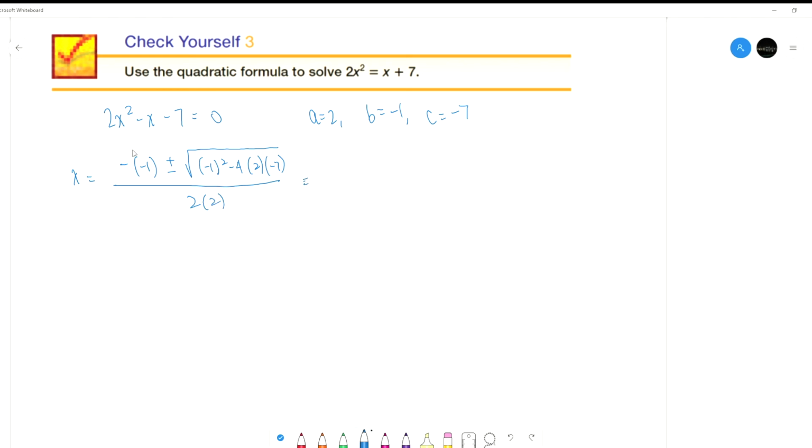So as I was saying, this is +1 plus or minus the square root of 1 plus, because negative times negative is positive, and this is our 56, over 4. Okay, makes sense. We can add that. We get 1 plus or minus radical 57 over 4. And radical 57 you can't simplify. So that would be it.